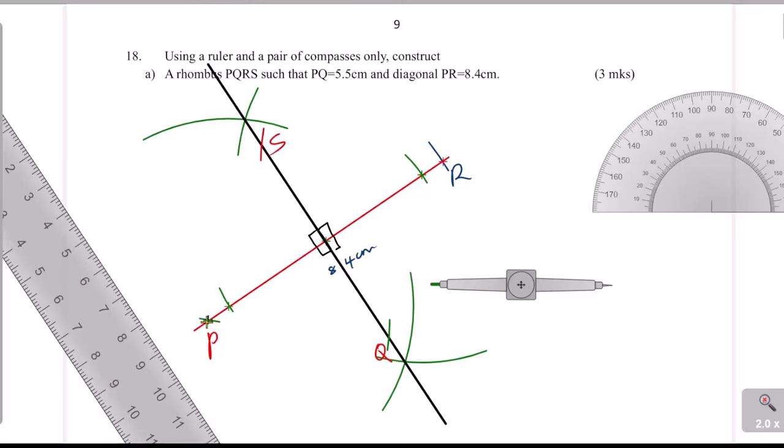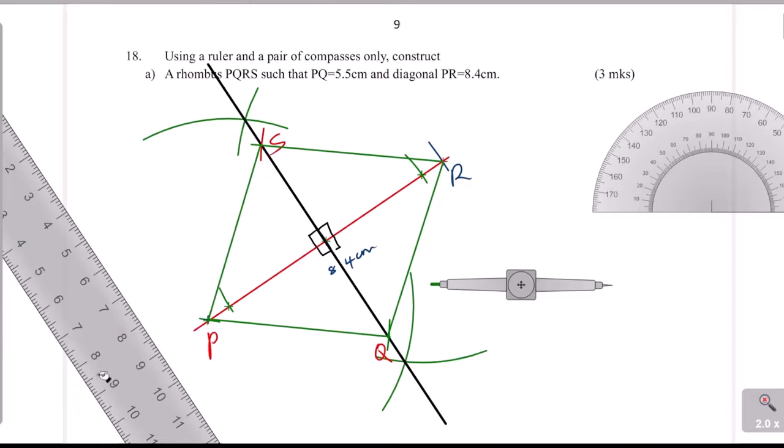So from P, join P to Q. Then from Q to R. Then from R to S, and then from S to P, like that.